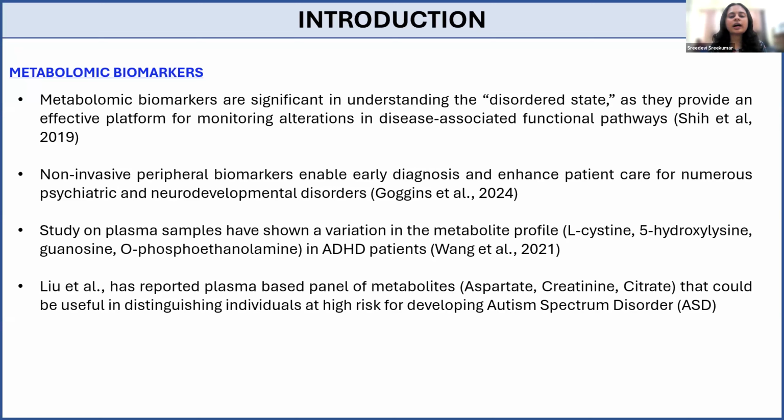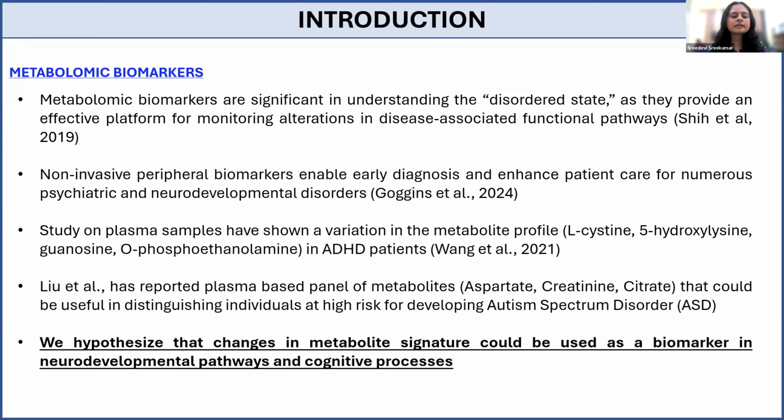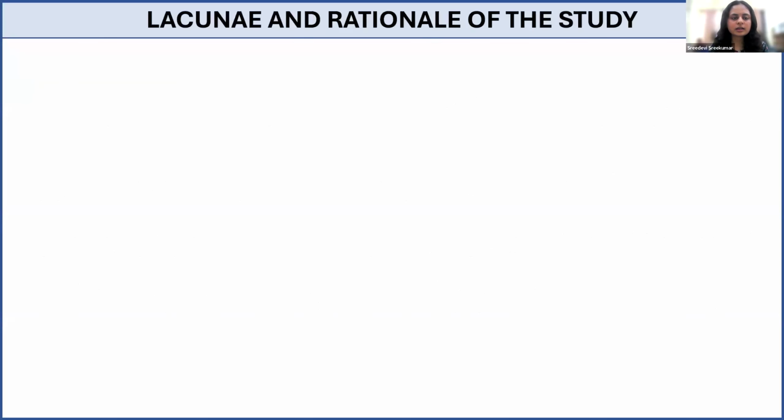Another study showed that aspartate, creatinine, etc., vary in autism spectrum disorder. So we hypothesize that there will be a metabolite signature in patients with externalized disorder, which we can use to study neurodevelopmental pathways and cognition.